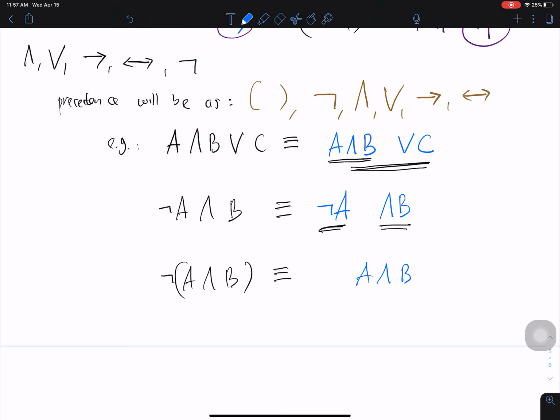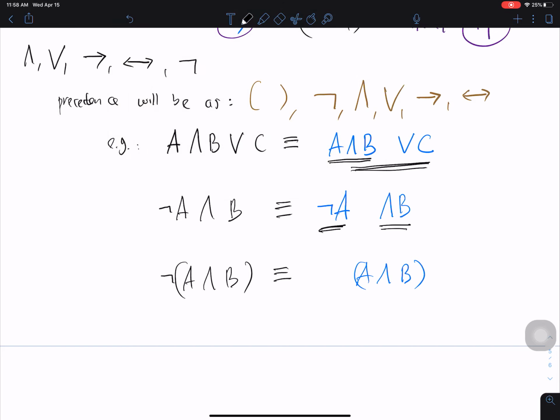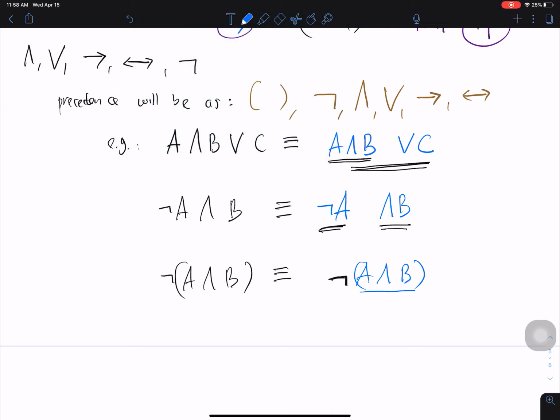We have to solve the one in the bracket first, A and B. After that, we determine the not case of A and B. So this will go first, and after we get the result, it will continue to here, like that.